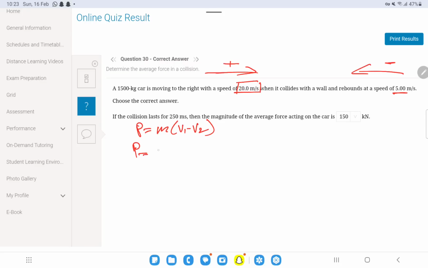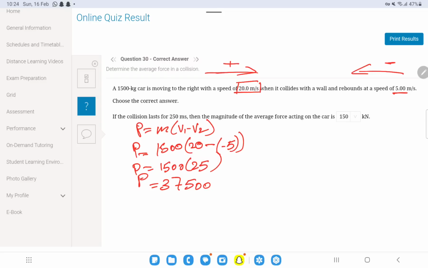So P equals m, 1500, V1 is 20, minus, minus 5 for V2. So P equals 1500 times 25. You can put it in your calculator or do it in your head. You get P is 37,500. So this is the momentum.